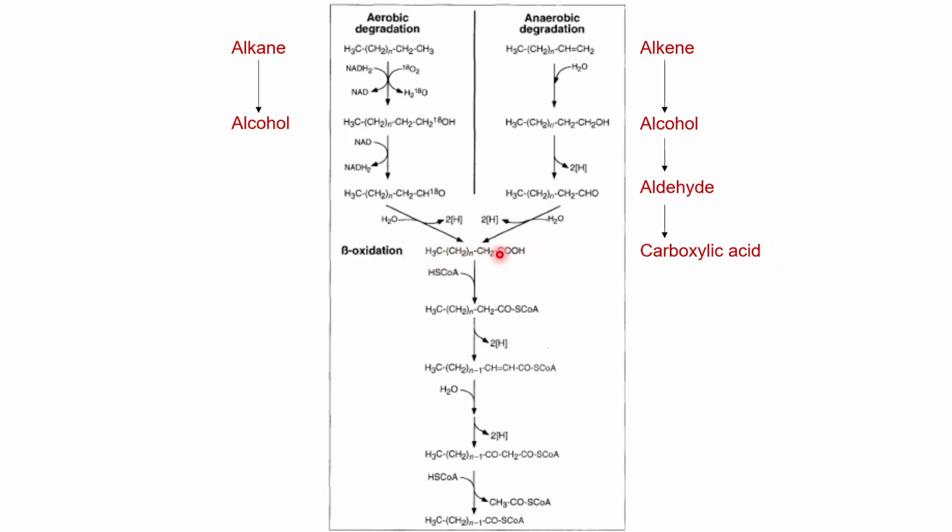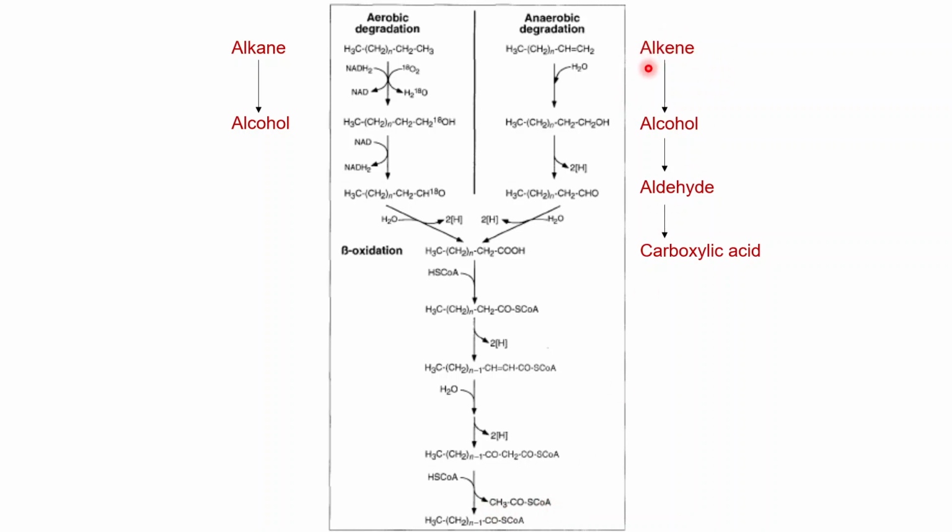This carboxylic acid is nothing but a fatty acid. It's a long-chain carbon-containing carboxylic acid, which is a fatty acid structure, and this fatty acid is then converted into acetyl coenzyme A by a process called beta oxidation. This is acetyl coenzyme A, CH3CO-SCoA.